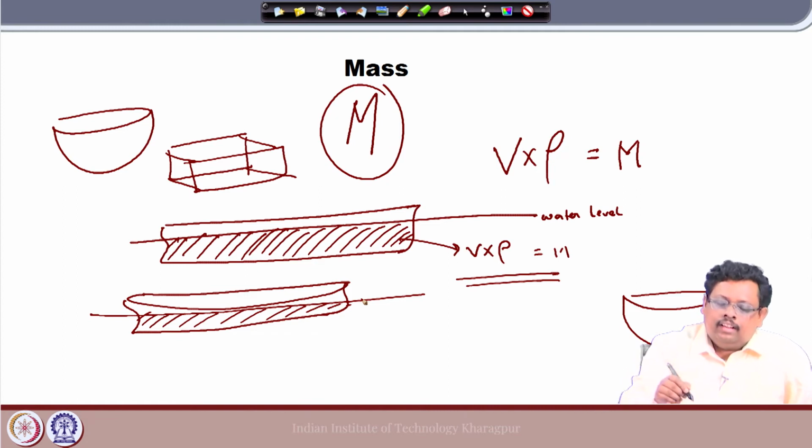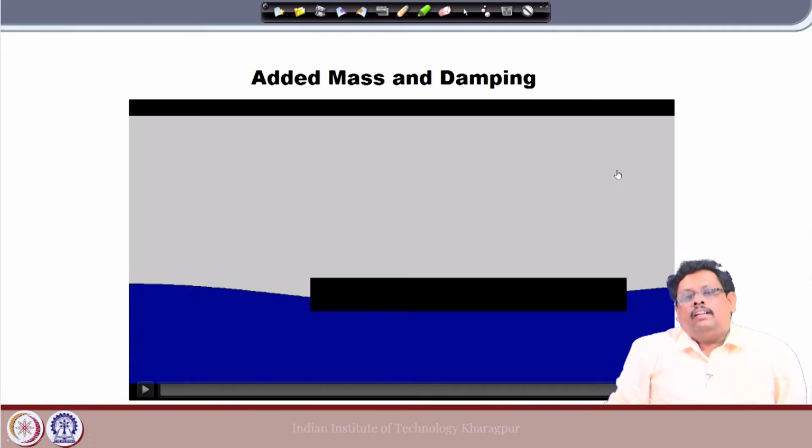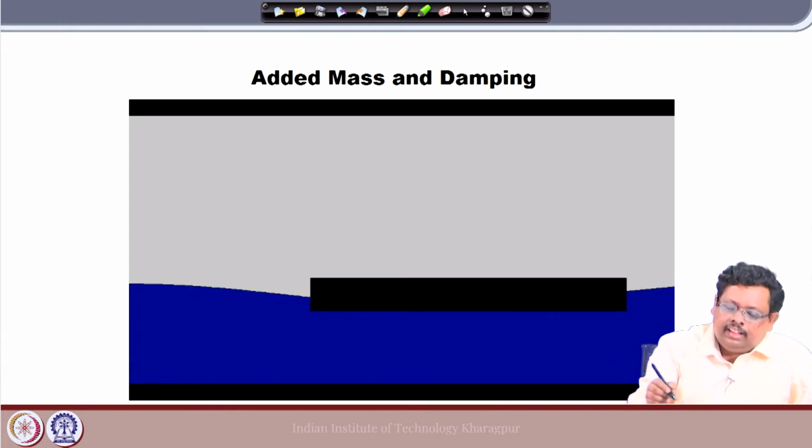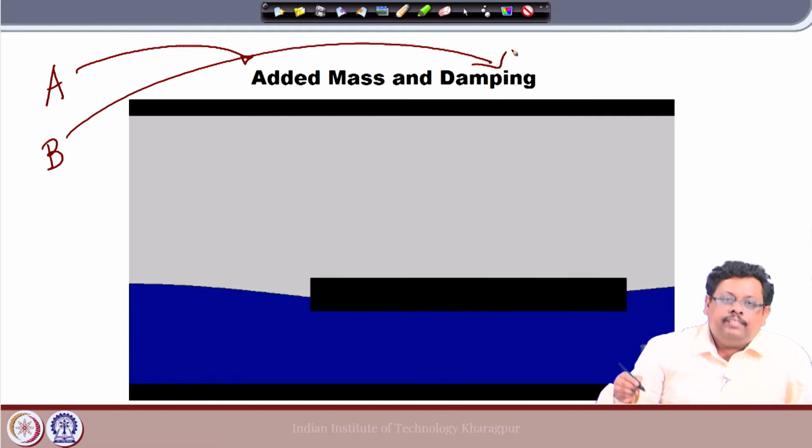Okay. Now, let us find out the other parameters. Now, like A, we have this A in this solution, and also we have this called B. Now, this A stands for the added mass, and B stands for the damping.